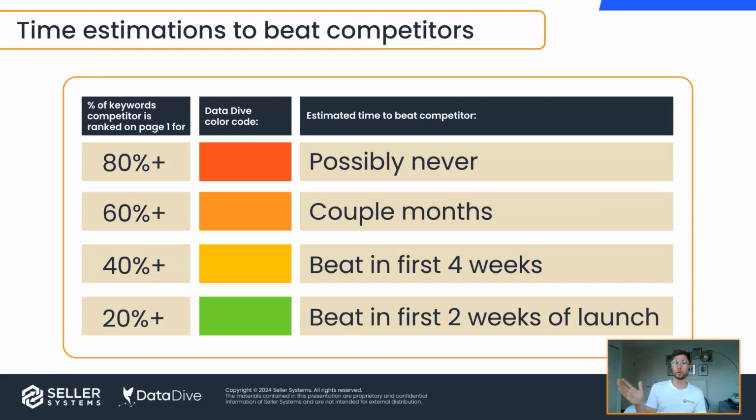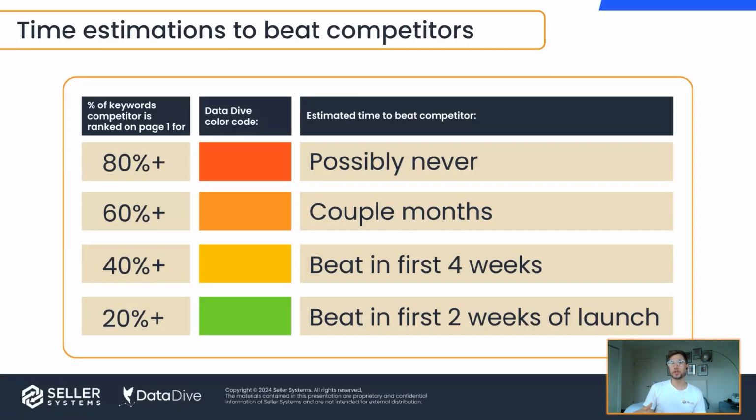The score threshold is basically very strong, strong, weak, and then very weak, and they're color-coded. What this basically means is, let's say there's 100 keywords in your master keyword list. There's going to be a percentage of keywords that the seller is ranked on page 1, that's within the top 45 positions.